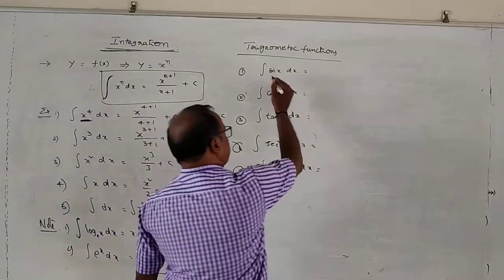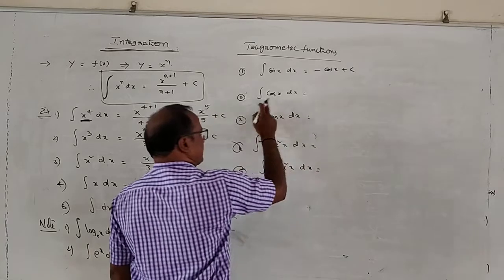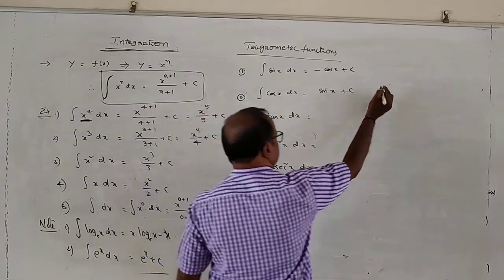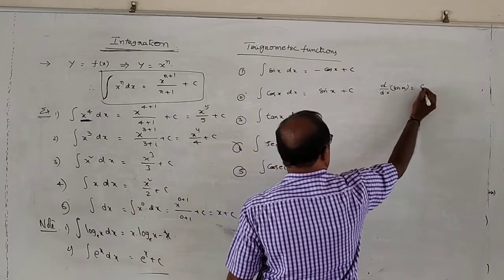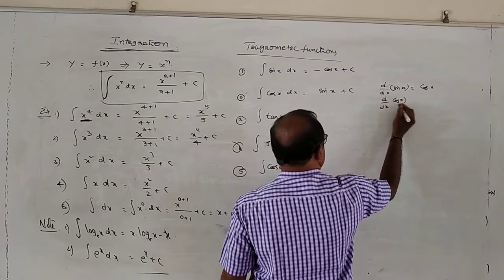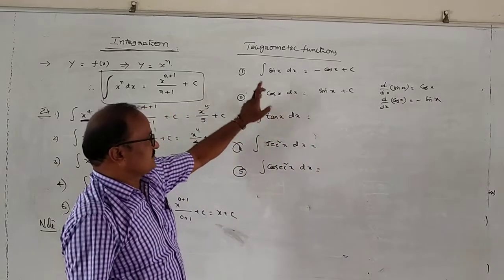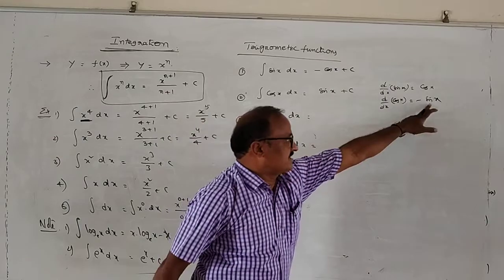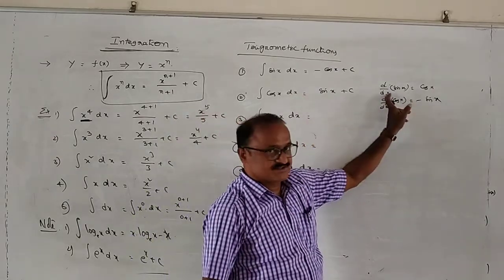Integral sin x dx is equal to minus cos x plus c. Integral cos x dx is equal to sin x plus c. What is the value of d by dx of sin x? Cos x. D by dx of cos x is equal to minus sin x. Okay? The inverse process. Integral sin x dx is equal to minus cos x, and integral cos x dx is equal to sin x.